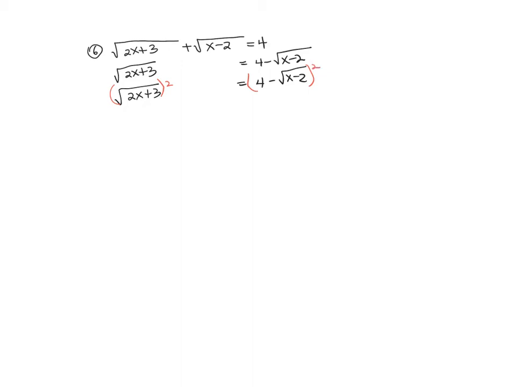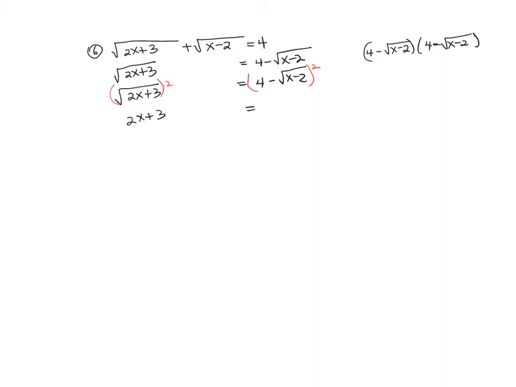So we get 2x plus 3, and let's look at this very carefully: 4 minus the square root of x minus 2 times 4 minus the square root of x minus 2.